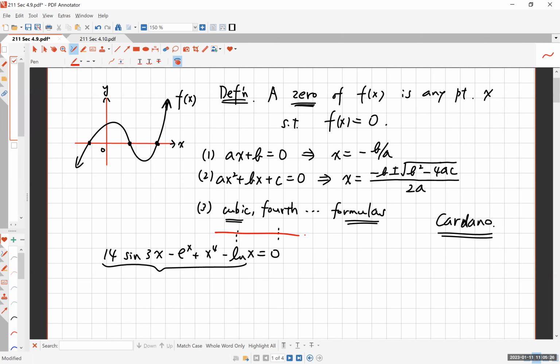All right, so what happens is, if the degree is greater than or equal to 5, people have discovered this. The quadratic formula was discovered centuries ago. And as I said, cubic and fourth degree polynomials have nice formulas, ugly formulas. These were discovered like 300, 400, 500 years ago.